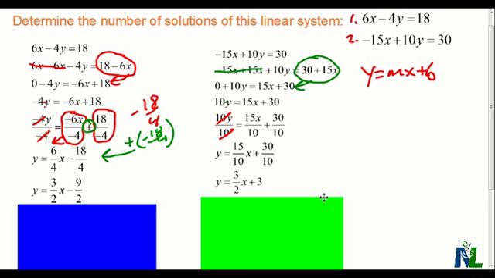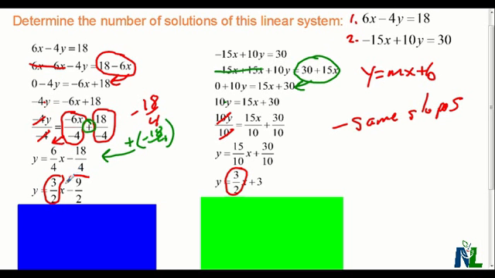Now let's compare both equations. The slope of the first equation is 3 over 2. The slope of the second equation is also 3 over 2. So we have same slopes. Let's look at the y-intercepts.